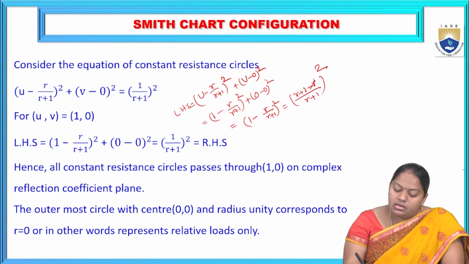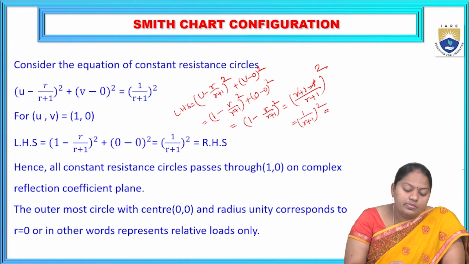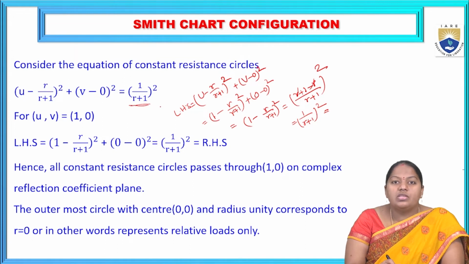Minus r plus r gets cancelled, leaving 1 by (r plus 1) whole square. So what is this 1 by (r plus 1) whole square? If you observe the constant resistance circle, in the RHS part we have 1 by (r plus 1) whole square. If you consider the LHS as (u minus r by r plus 1) whole square plus (v minus 0) whole square, and substitute u, v values by (1, 0), then the LHS part becomes the RHS part, right? 1 by (r plus 1) whole square is obtained, and that is nothing but the RHS of this constant resistance circle equation.